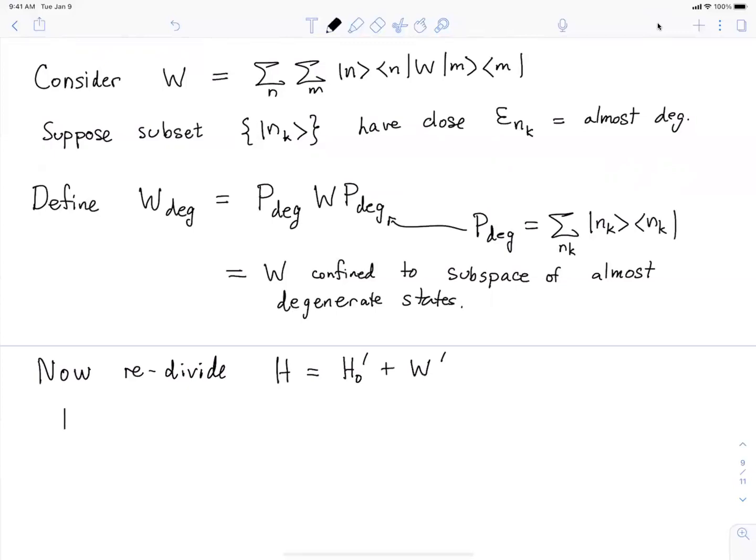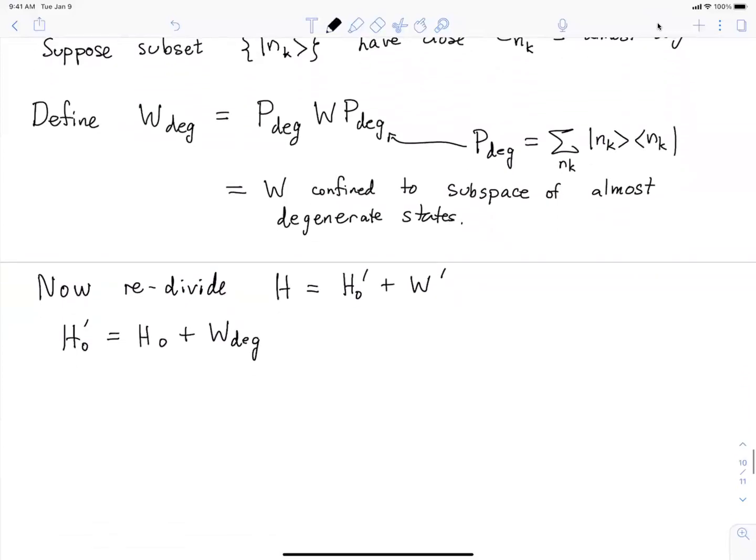And so H0 prime is going to be the old H0, but we're going to add in the W degenerate part. And then we're going to compensate for that by taking the old W and subtracting it off. So we've done nothing. We've just added and subtracted it to different parts of the Hamiltonian.